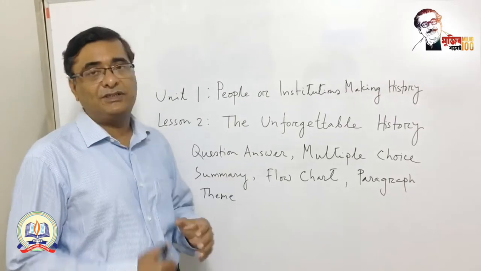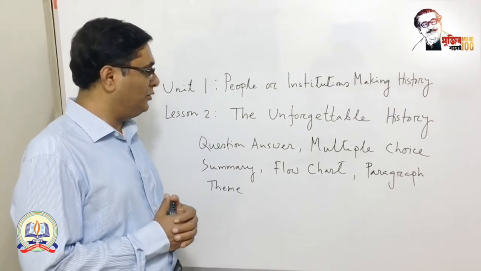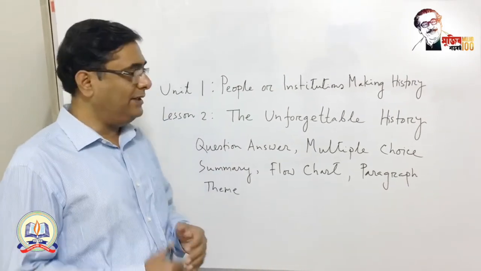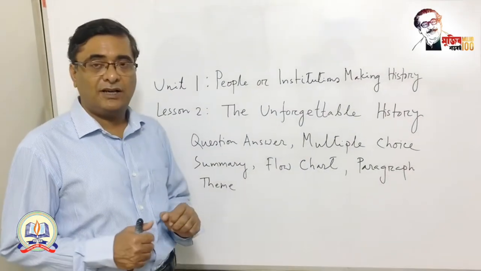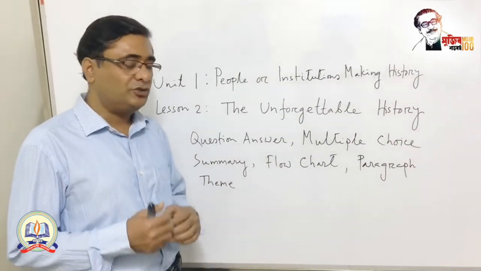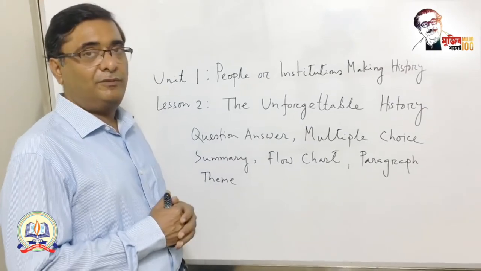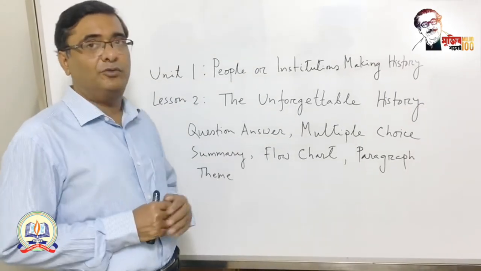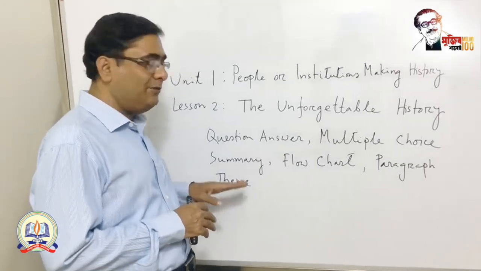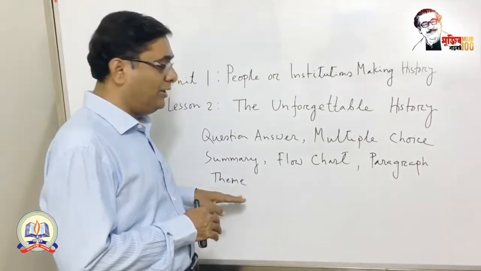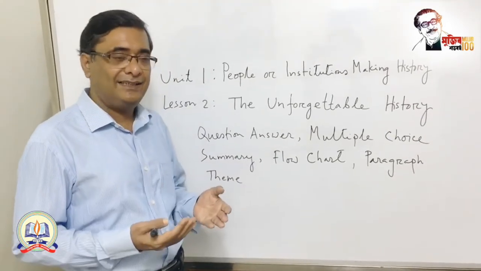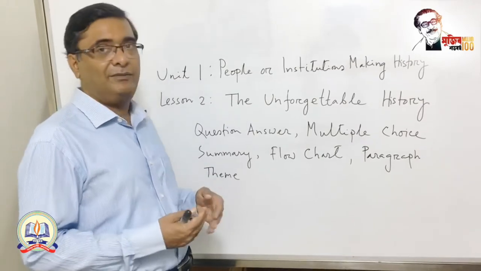There are some poems in the book, and we will read and explain these poems. These poems are also important because sometimes students are asked to write the theme of the poems taken from the book. For theme writing, it can be a poem, a story, or any passage.